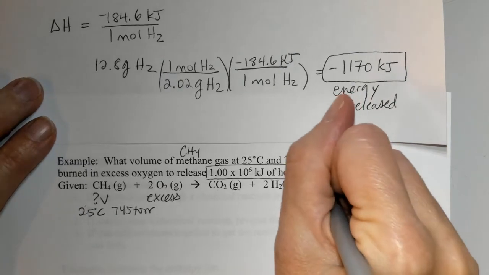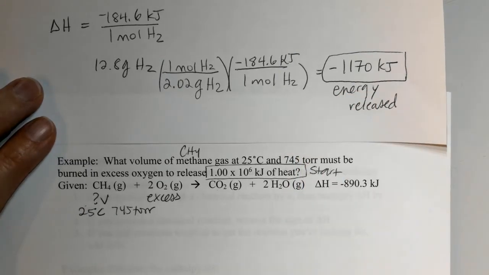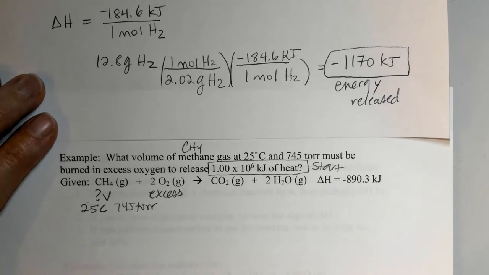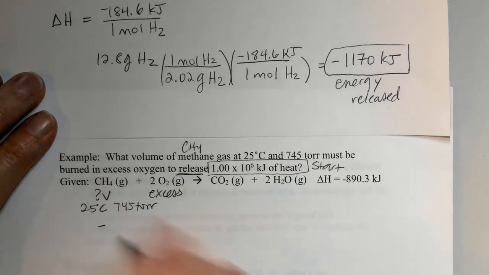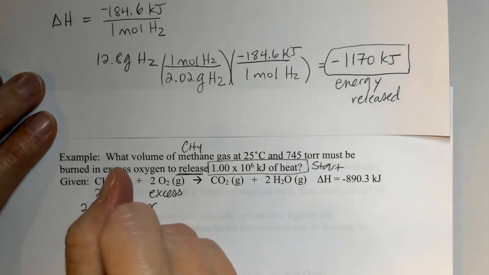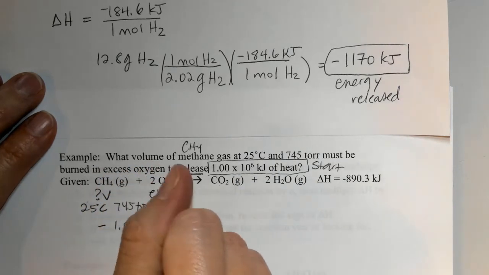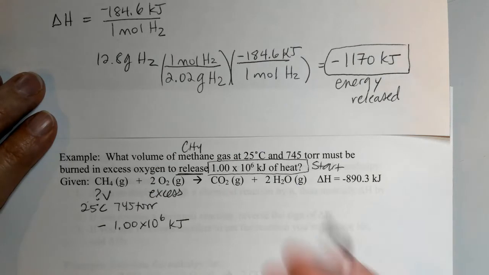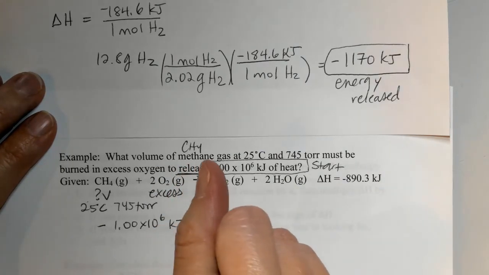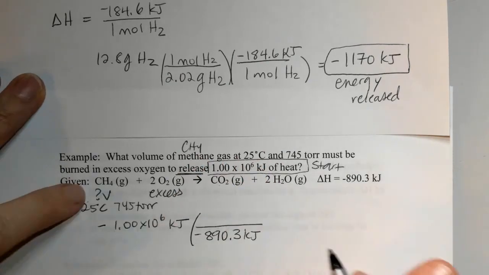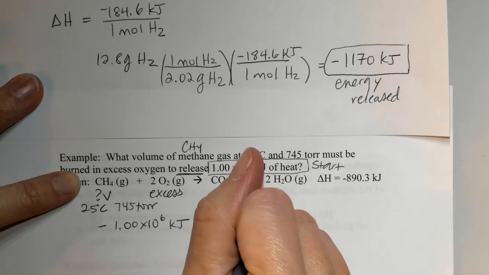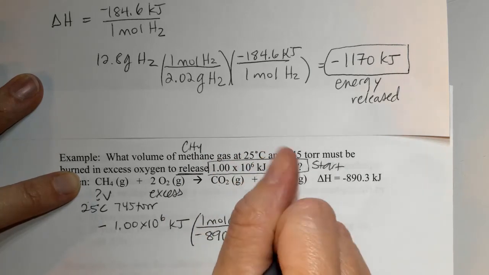So this is actually our starting measurement. We want to produce that much heat, and so it's being released. So we have a negative 1.00 times 10 to the 6 kilojoules of heat released. Looking at our delta H, it says negative 890.3 kilojoules of heat is released every time we react 1 mole of methane.